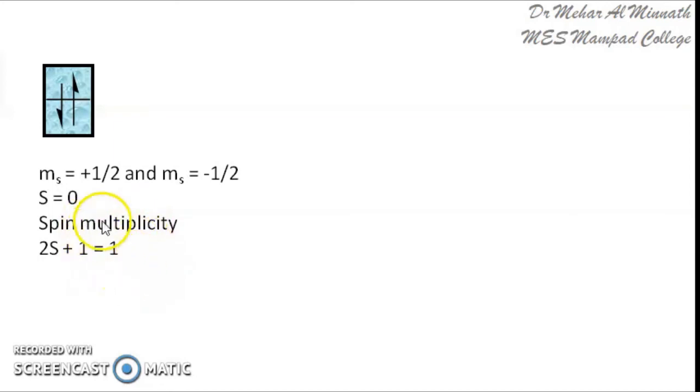Remember, spin multiplicity gives us an idea about the stability and energy of the different electronic states. Higher the spin multiplicity, more stable will be the electronic state. Remember that. This is one particular way of holding the electrons in the orbitals.